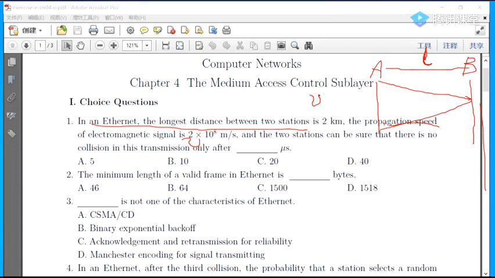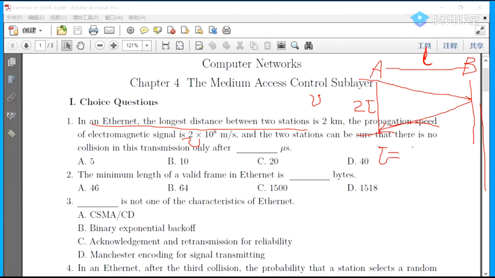The round trip time is 2 tau. Here, tau is the propagation delay.